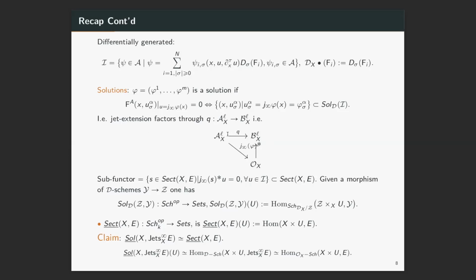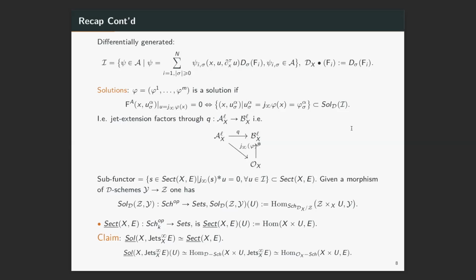So we write it here as Q. If you work in the opposite picture, it means that any section of Spec A is going to be a solution if and only if, when you take the section, it actually injects through Spec B. So it does indeed lie in the solution locus.